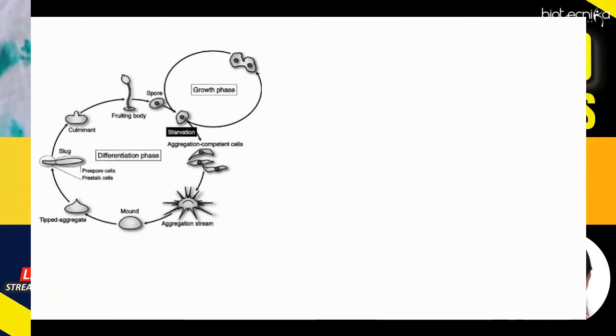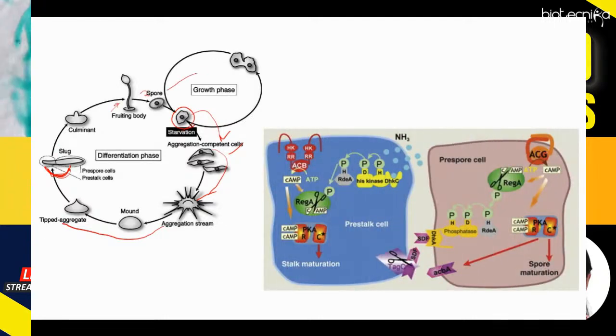All right. So let's have a look at the growth phase and the differentiation phase. See, as I told you, these individual cells are aggregating together. Aggregate competent cells by cAMP signaling have aggregated. They have formed a mound and a tipped aggregate. So here, different signaling goes on between the two categories of cells, and they form fruiting body spores, which again leads to single cellularity, right?